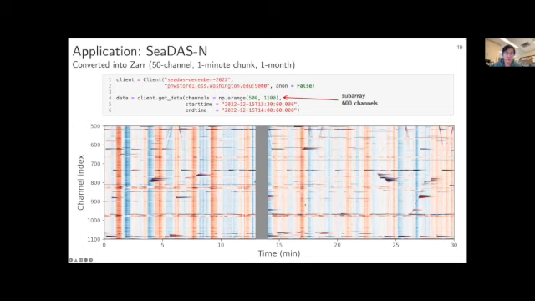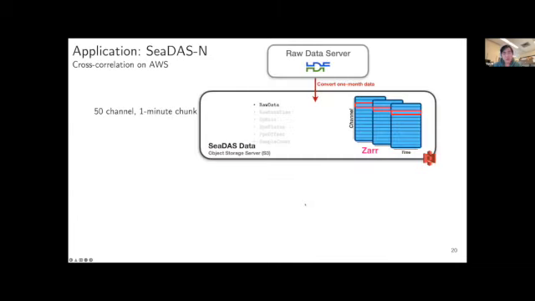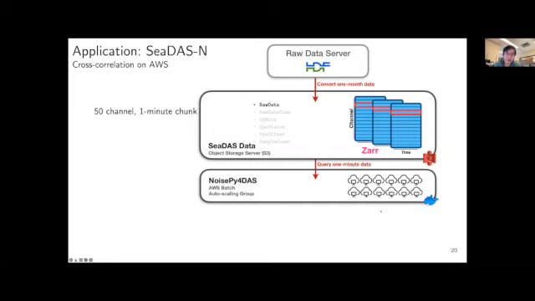We deployed a DAS cross-correlation workflow locally, but it's very compute intensive and would take too long to finish. So we just put the data in an AWS S3 bucket and run the computing on AWS. The code we use on the cloud is still almost the same as we use locally. The correlation of one month's data is split into 100 smaller jobs and distributed over an auto-scaling group.